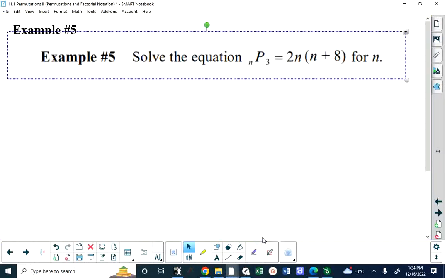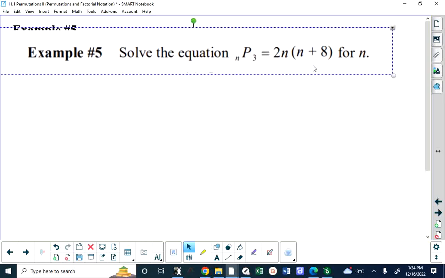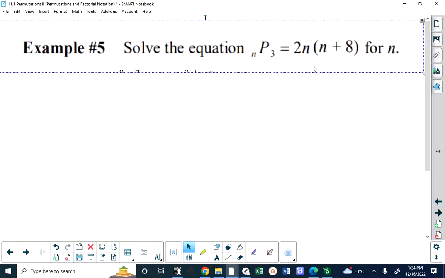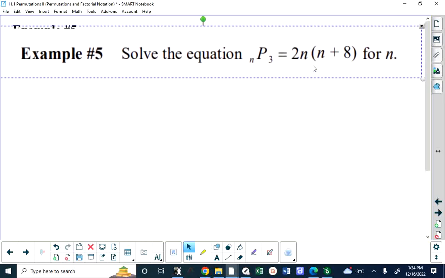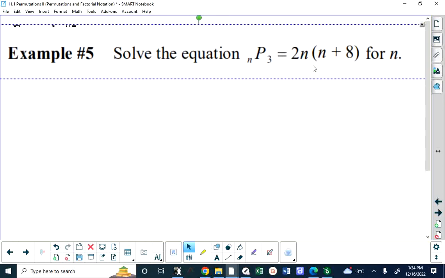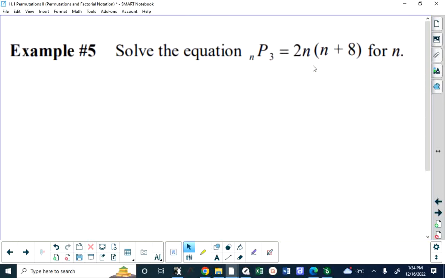Solve this equation. Okay. Well, how are we going to solve this equation? I guess the only thing we can do is apply our nPr formula to this, nP3.